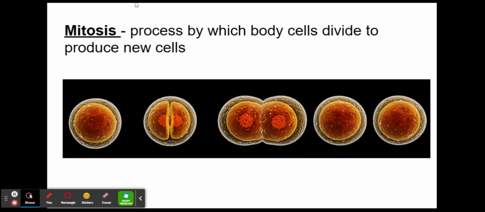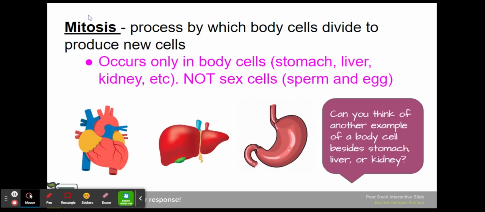So here is where our cell divides to make new cells. We are going to write down this to help us remember that it only happens in body cells. What are some examples? Stomach, liver, kidney. Not sex or reproductive cells.